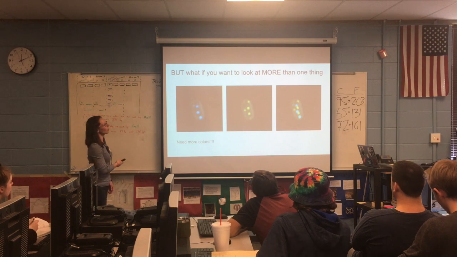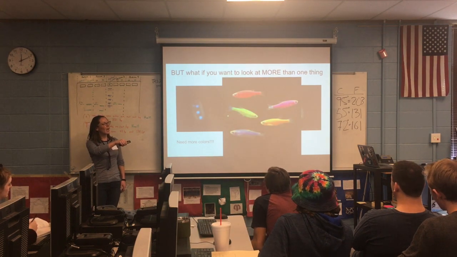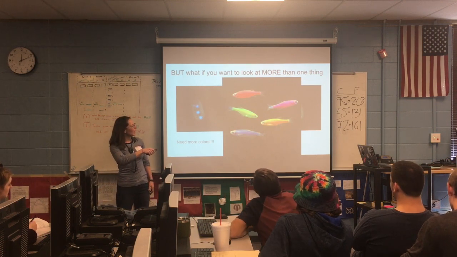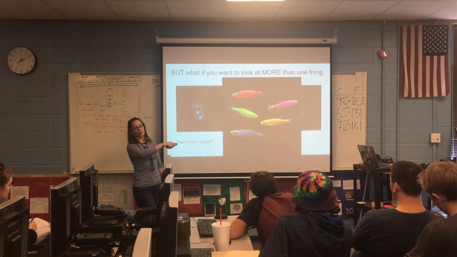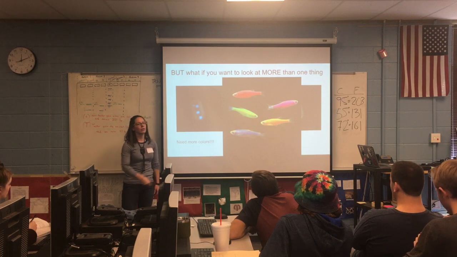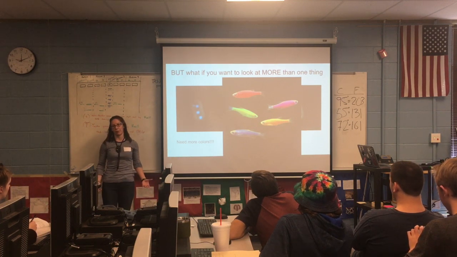So there's been a lot of work put into taking fluorescent proteins that we know and love and making them into different colors. The ones you're going to make today, you're going to go from GFP into yellow fluorescent protein, YFP, blue fluorescent protein, BFP, and cyan fluorescent protein, CFP.